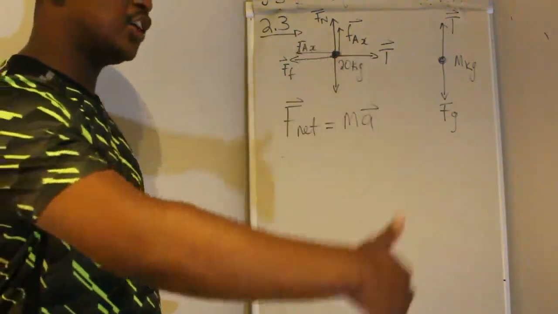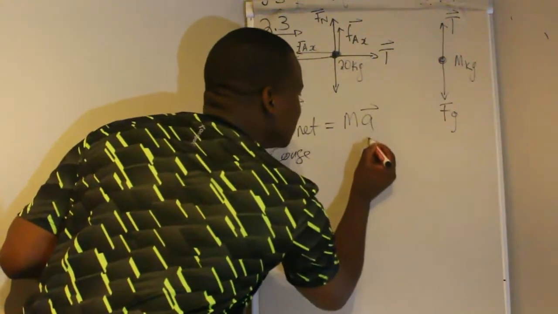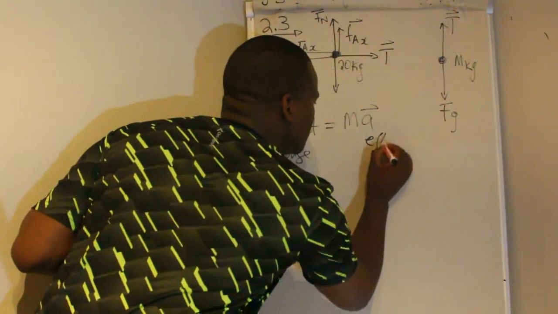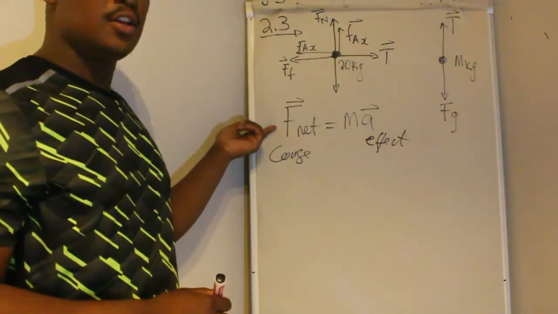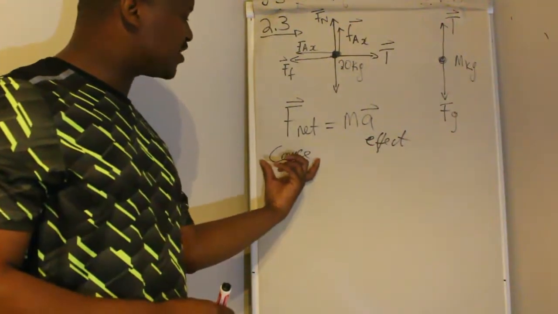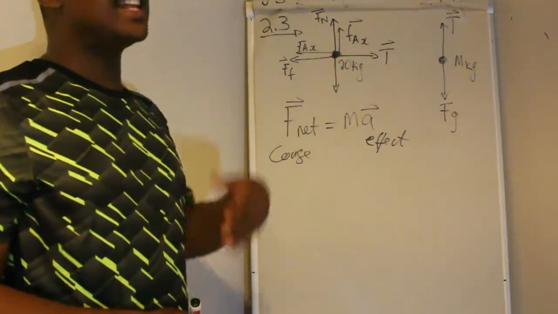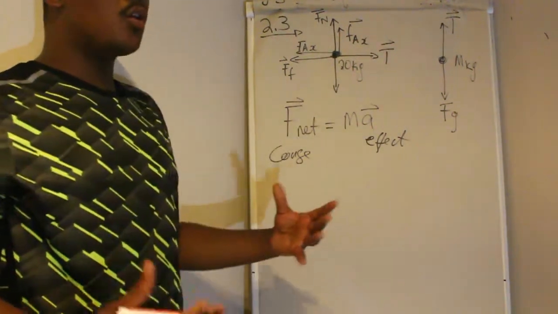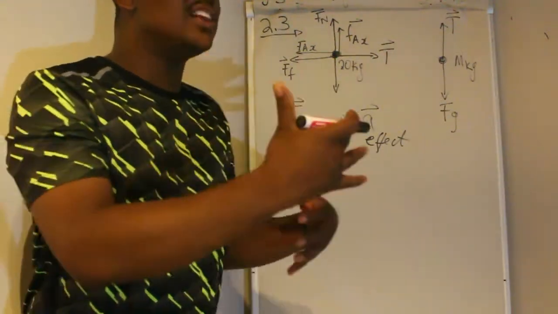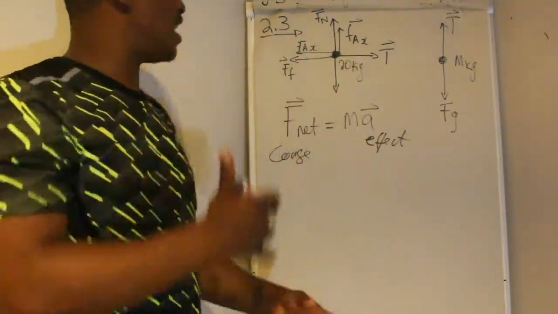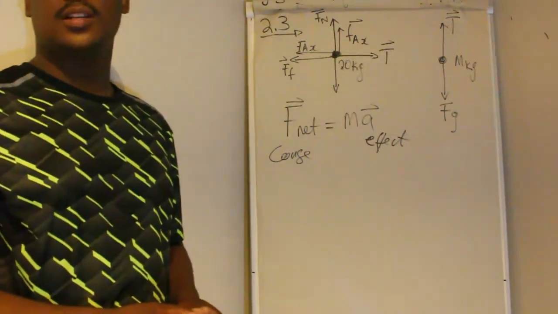So the net force is acting on an object. The force is the cause and the acceleration is the effect, which means from the sum of forces you get acceleration. The sum of forces causes the acceleration. The net force acting on an object will cause it to accelerate in the direction of the force, with a magnitude of acceleration directly proportional to the force and inversely proportional to the mass of the object.